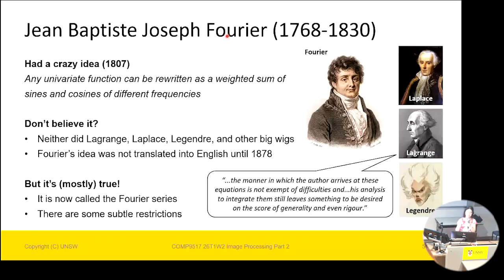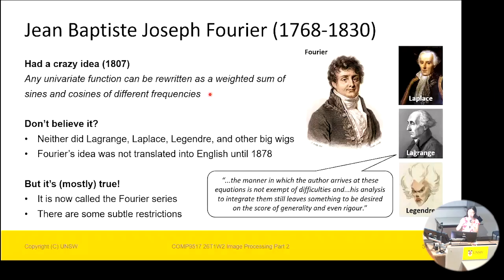If it's that kind of function, his idea is that this type of function can be rewritten as a weighted sum of sine and cosine functions of different frequencies. I will show you an example later. Here is some interesting information: when he first proposed the idea, even other famous mathematicians didn't really believe him because it sounds very simple and too general.